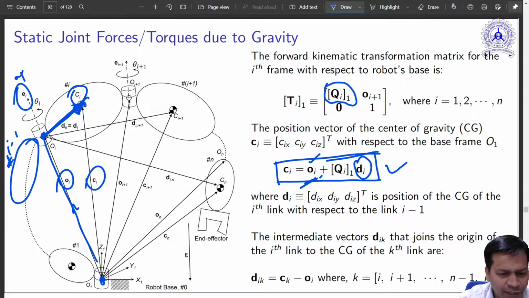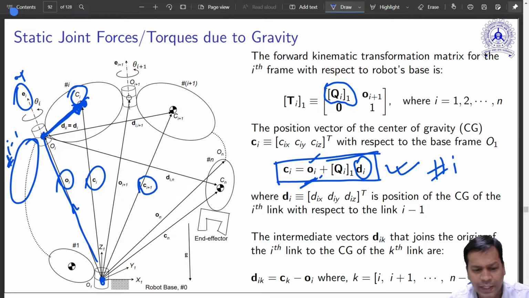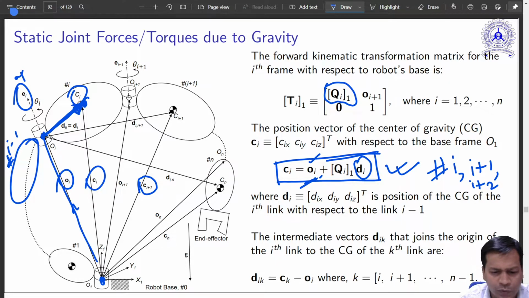So I have done this. Similarly, I can find out Ci+1 the way I did for the ith link. I can do it for i+1 and for i+2 and so on and so forth till the last link. So this is also found out in a similar manner.